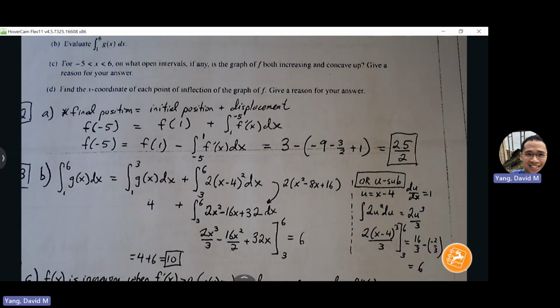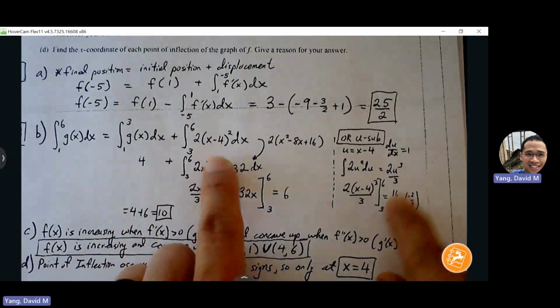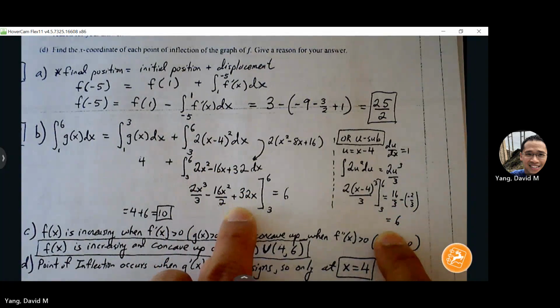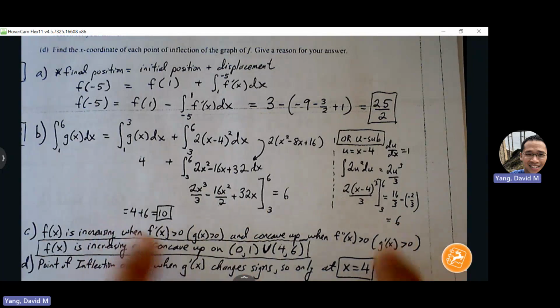Either you go through substitution, or you expand everything out and go through power rule. This is a non-calculator, so we've got to work this out by hand. Whether you expand it out or you go through your substitution, you're going to end up with 6, and then 4 plus 6 equals 10.